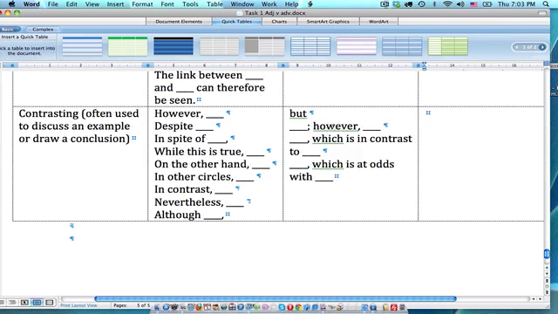And if you use "however" in the middle of your sentence and you have what could be a full sentence, an independent sentence on one side and an independent sentence on the other, then you should be separating it with a semicolon and a comma. Blank, comma, which is in contrast to blank, comma, which is at odds with, which I don't think we had an example of this, but this is also a very nice way to word two things that are contrasting.